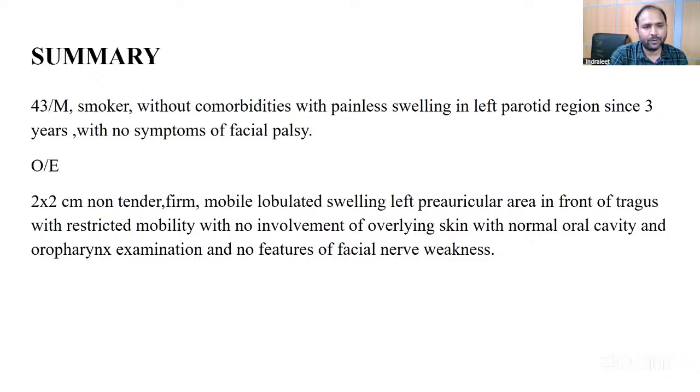With the aim of knowing the location of the lesion and its characteristics, whether it is involving the superficial or deep lobe, whether neck nodes are involved, whether it is benign or inflammatory. Those information can be obtained with the ultrasound, sir.